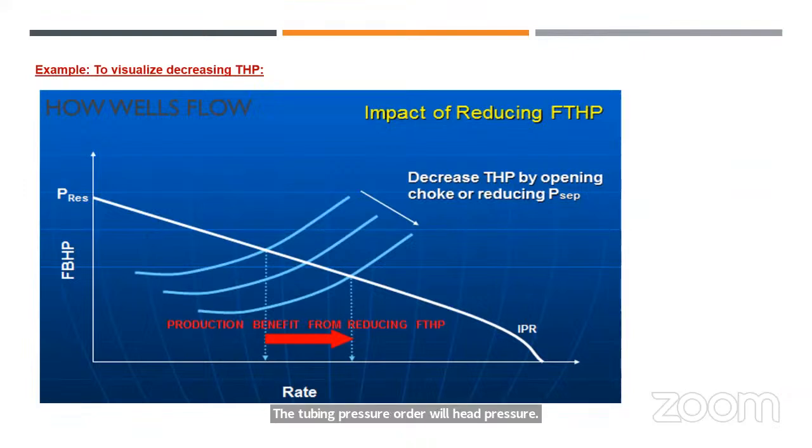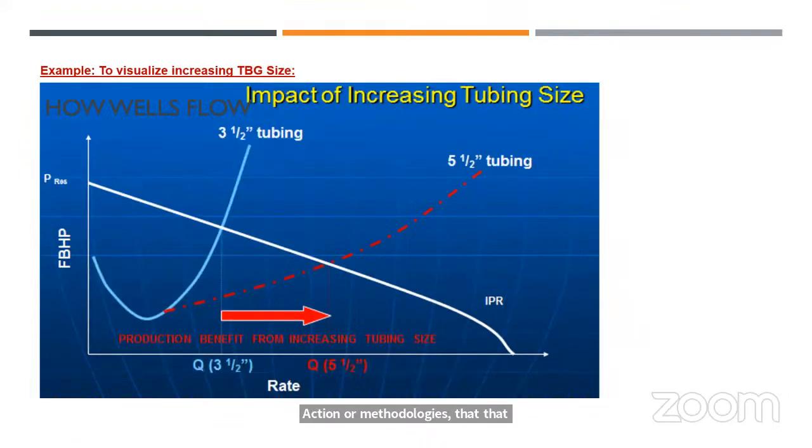In case of having a manifold with high pressure, if we have a solution to reduce this pressure, we can evaluate how much gain we can get from our well. This is a production optimization action or methodology that is mandatory for any production technologist.